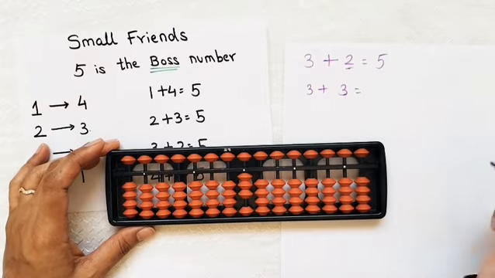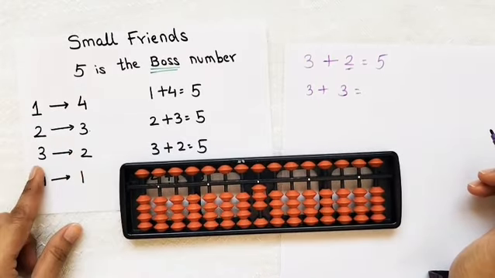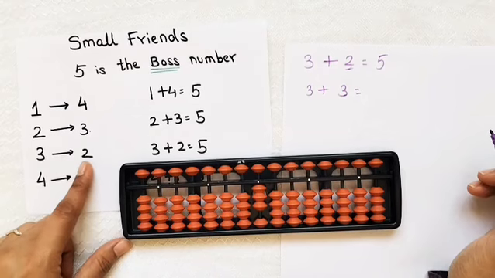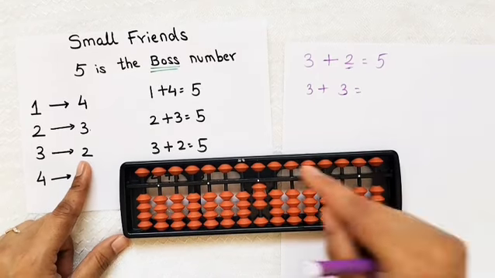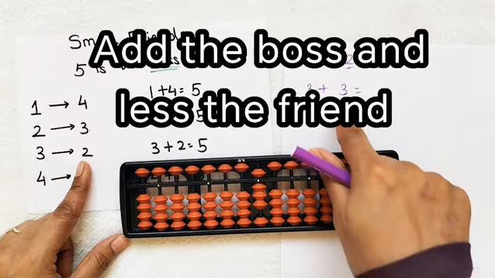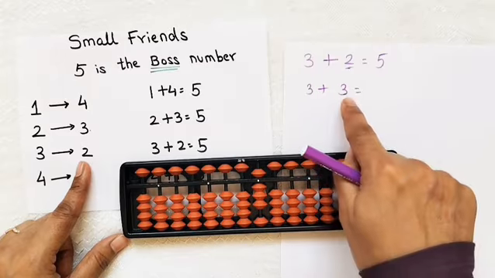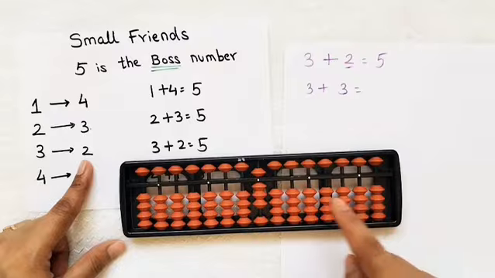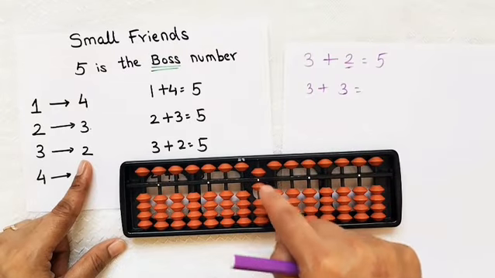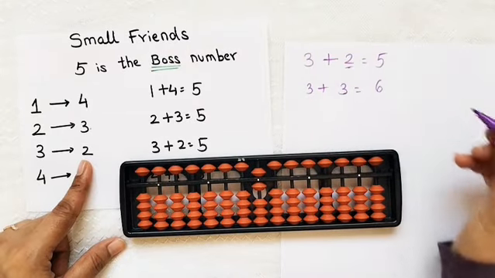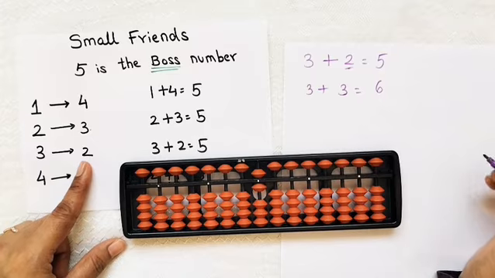So I have to look for 3's friend. Who's the friend of 3? 2. So add the boss and less the friend of 3. I less 2. So my answer is 6.